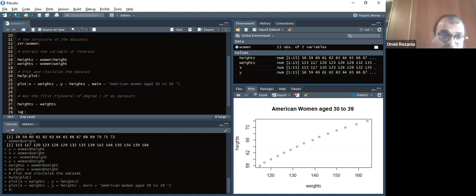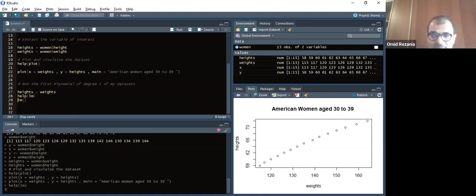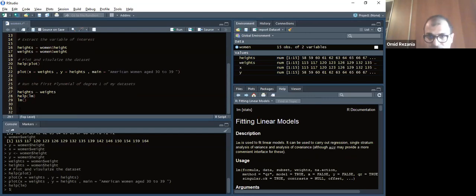If you do not know how to use lm, as I told you, you just write help, lm, control enter. And you see that if you're using RStudio, on the Help tab, this one there, lm, it's the fitting linear models. And if you are, Laura, using R, you should have one internet browser open already for you then.